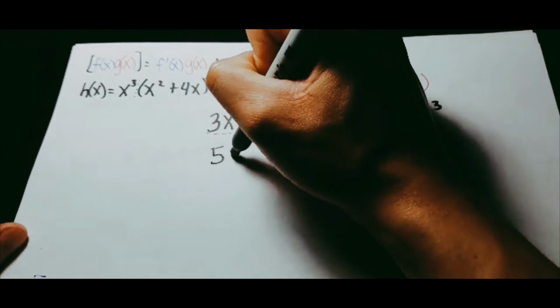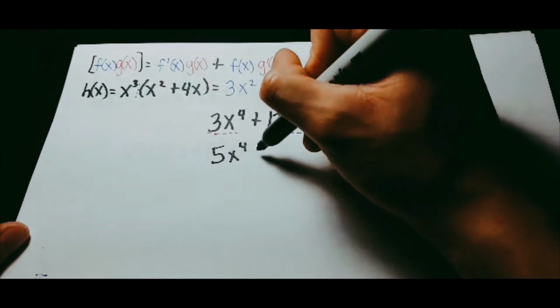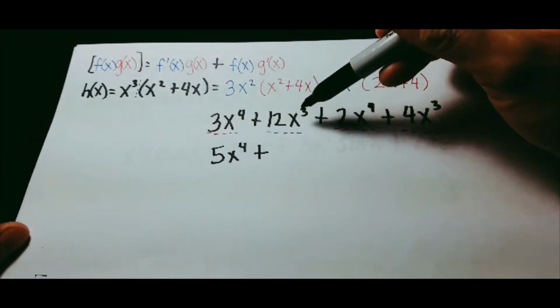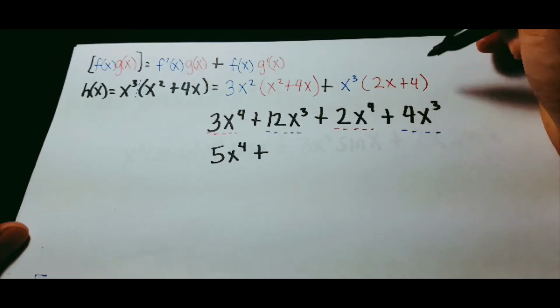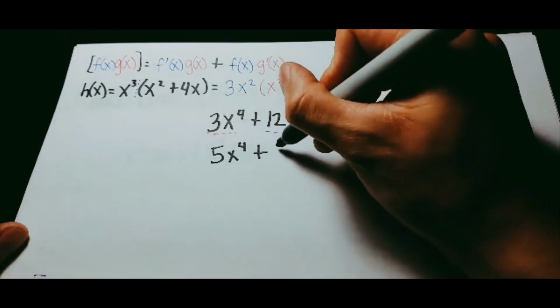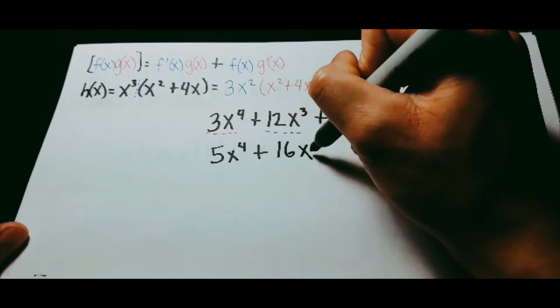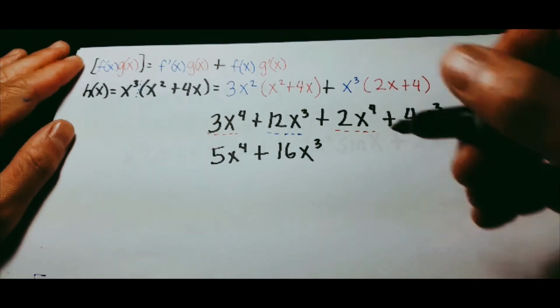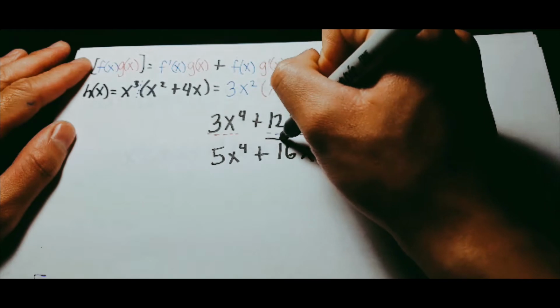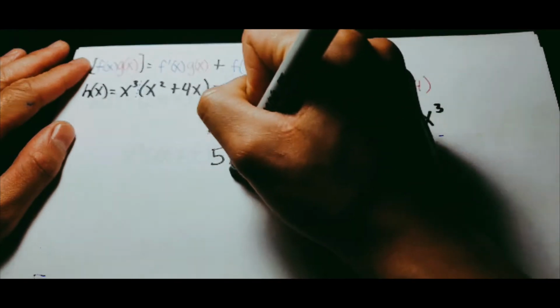It's going to be 5x to the fourth plus 12x to the third power plus 4x to the third power. It's going to be 16x to the third power. So we're here at our final answer, 5x to the fourth plus 16x to the third.